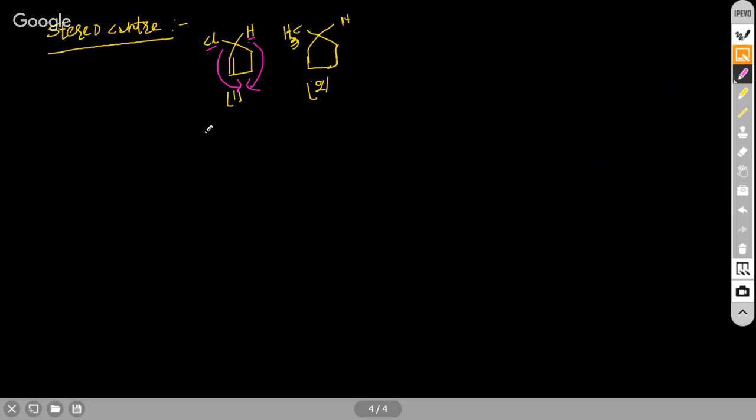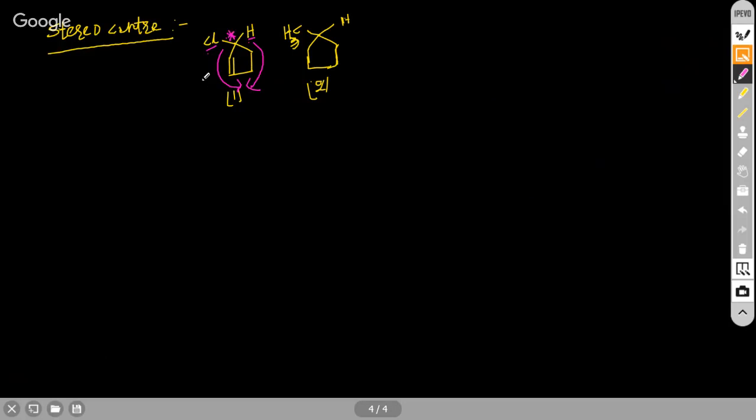If the path is different, it means different groups are attached. When you go in this direction, you see a carbon-carbon double bond, but such a double bond is not present in the other direction. So the paths are different, and hence two different groups are attached to this carbon atom, and hence this carbon atom is the chiral carbon.